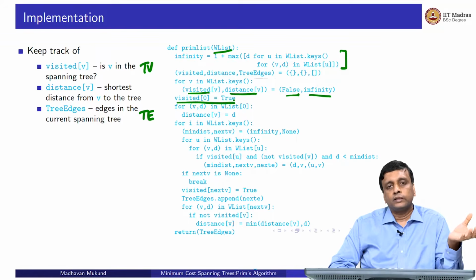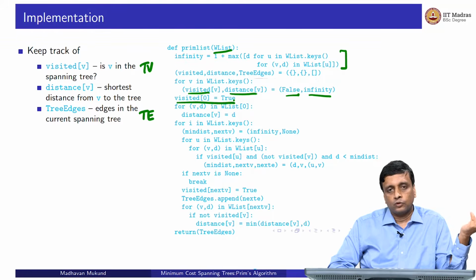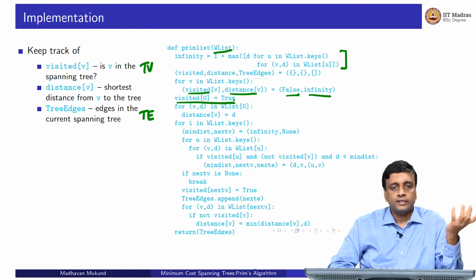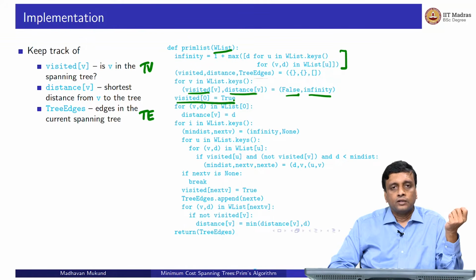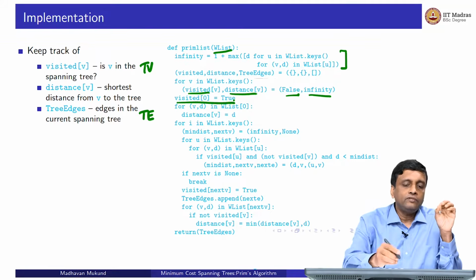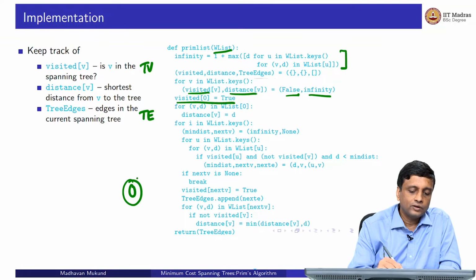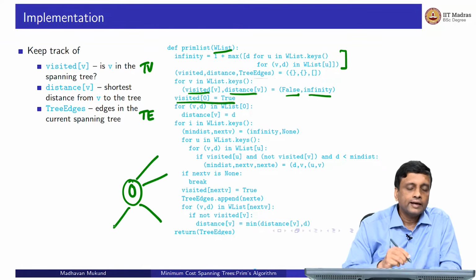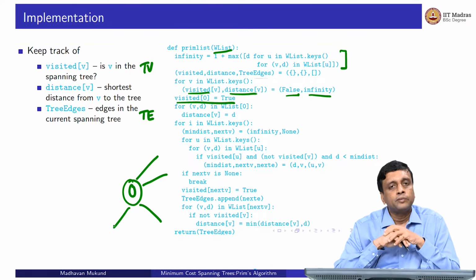Now we set some vertex to be in the tree. We said before that it is not necessary to start with the minimum vertex. So we can just pick vertex 0 and start the tree at 0. Eventually 0 has to be in the tree, and we said that the smallest edge connected to 0 will actually form part of the tree. So once we have thrown 0 into the tree, then 0 is part of TV. If I look at all its neighbors, they are now connected to the tree by edges to 0, and that now defines their minimum distance to the tree.